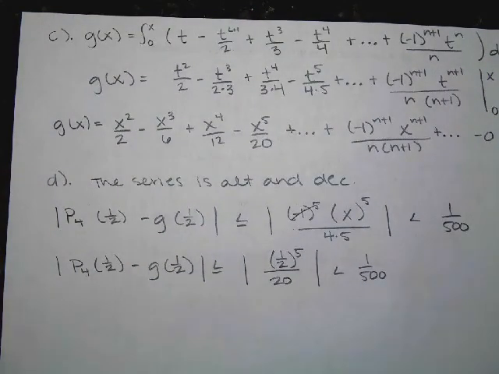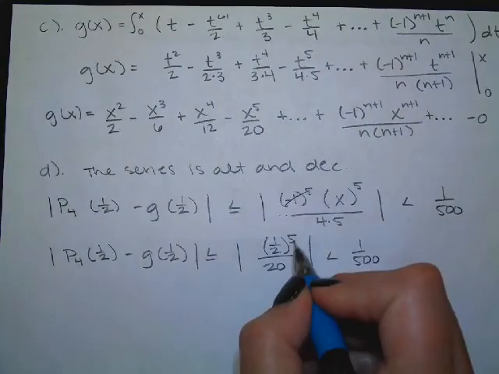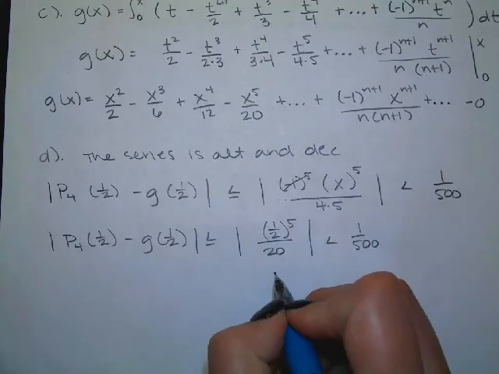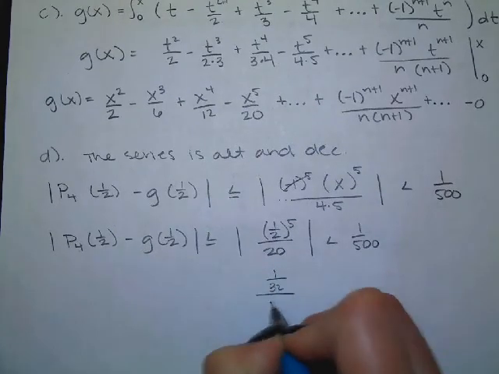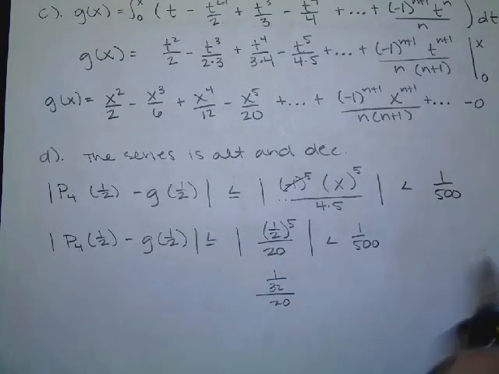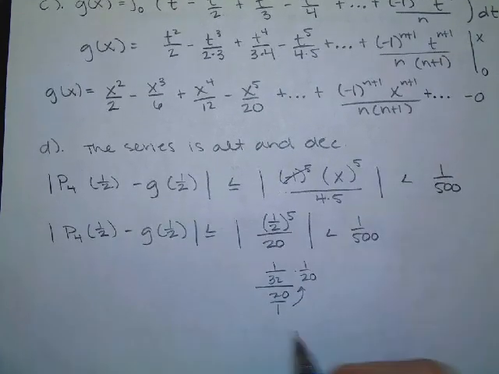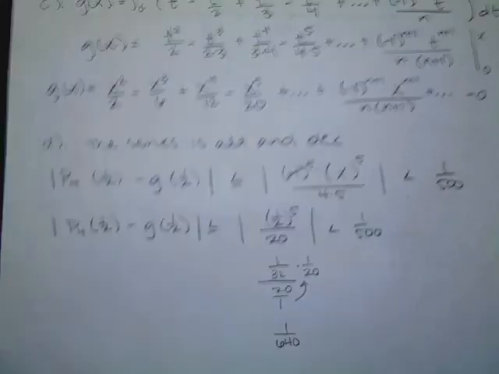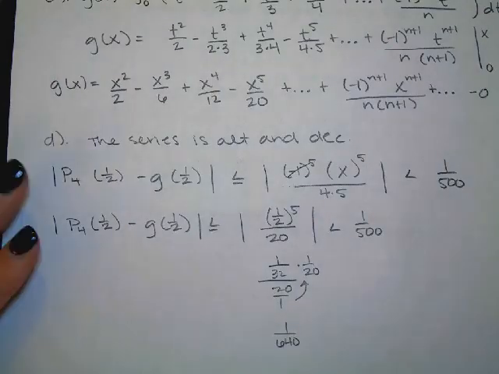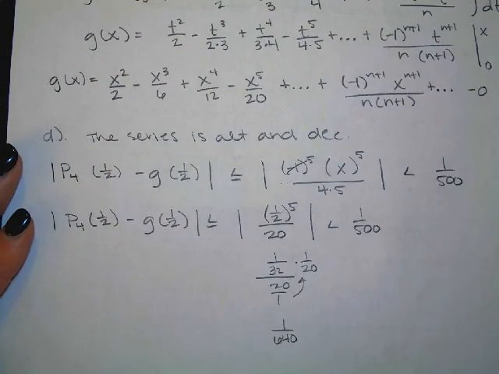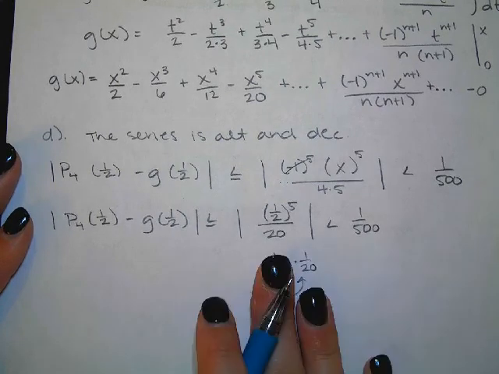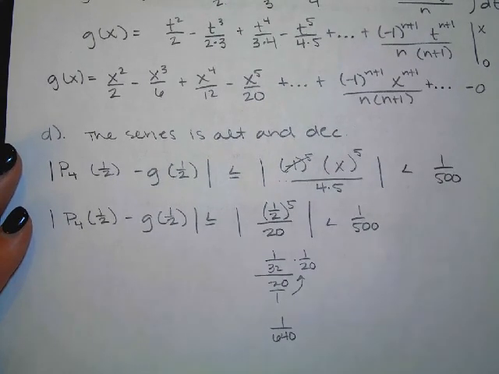But if you want to calculate it, just make sure that your numbers make sense. 2 to the 5th is 32, so you have 1 over 32 divided by 20. And so 32 times 20 is 640, so 1 over 640. So yeah, I'd say that definitely makes sense, that 1 over 640 is less than 1 over 500. If you don't feel comfortable with that computation, just scribble it out, and then they won't grade it.